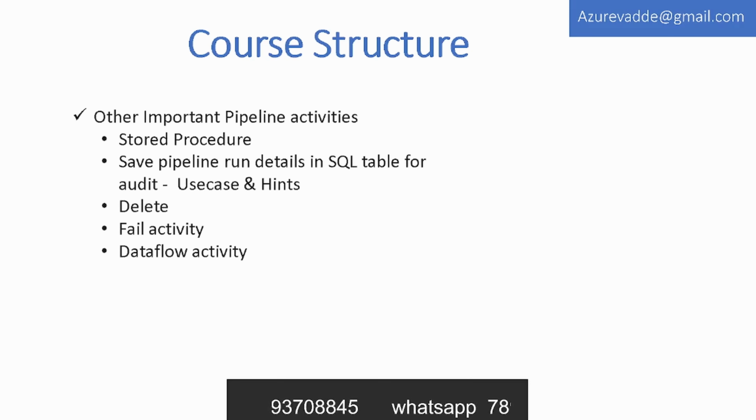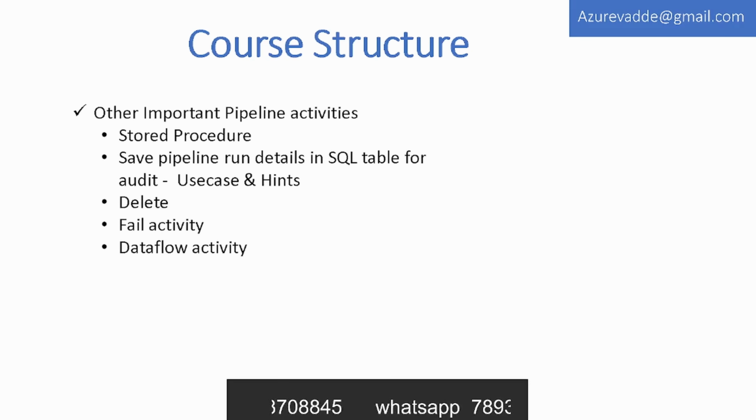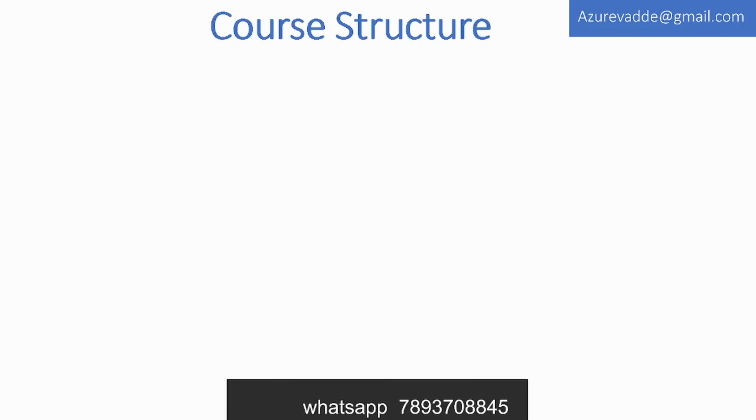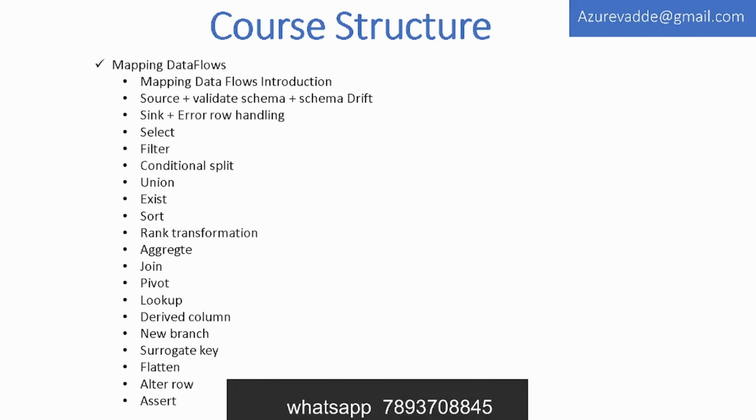We will look into them, apart from control activities, like stored procedures, delete activity, file activity, data flow activity, all these things. Next is mapping data flow, which is mainly used to transform the data.